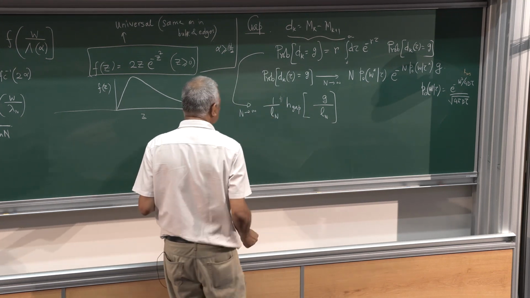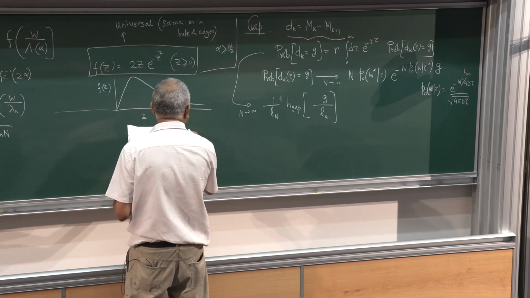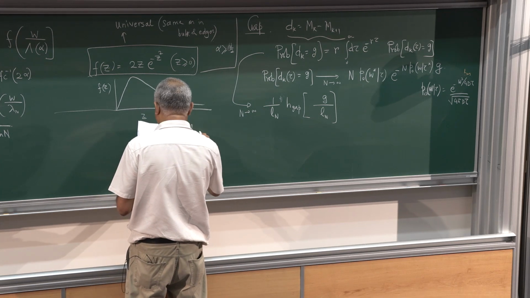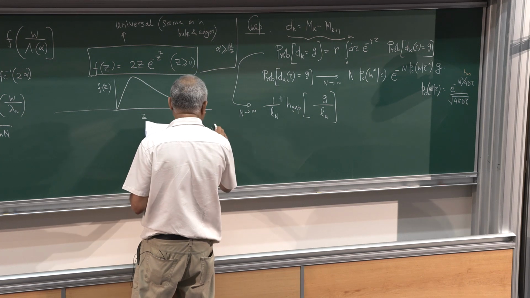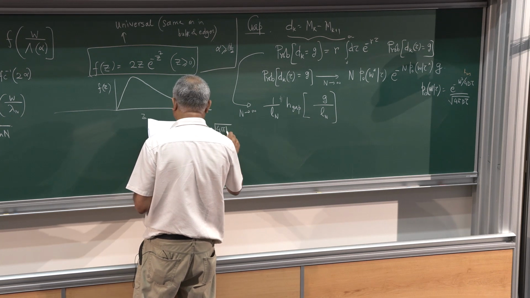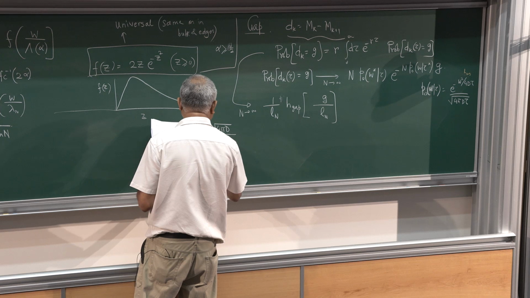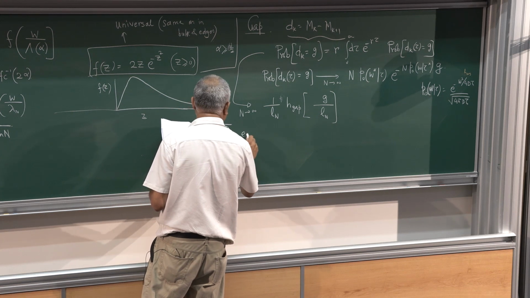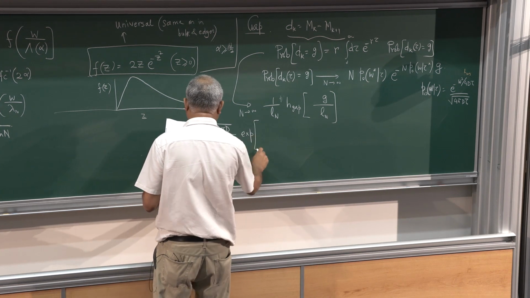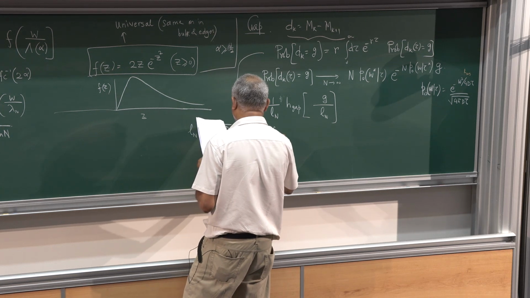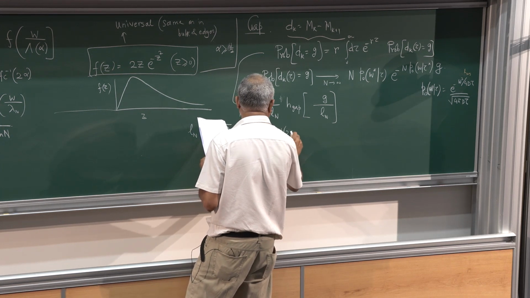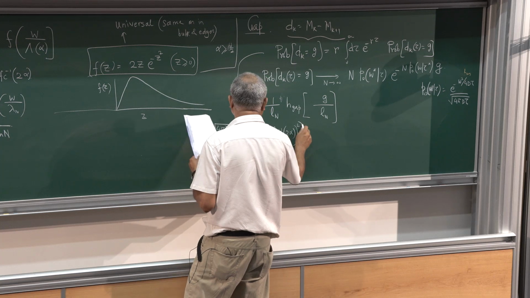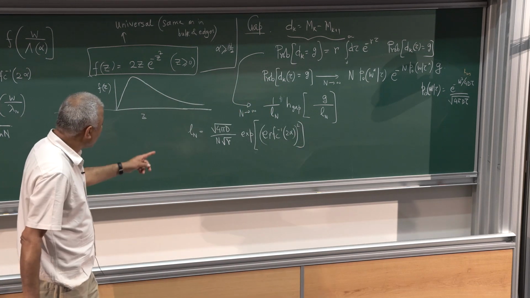And so the ln, the typical gap, if you like, behaves like 4 pi d over n square root of r exponential. So it's fairly explicit, but it goes like 1 over n.